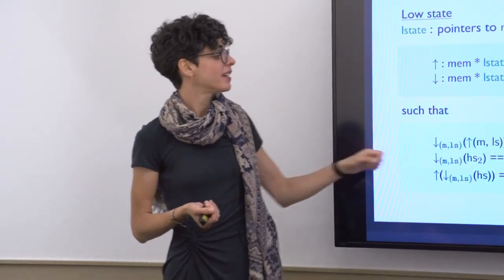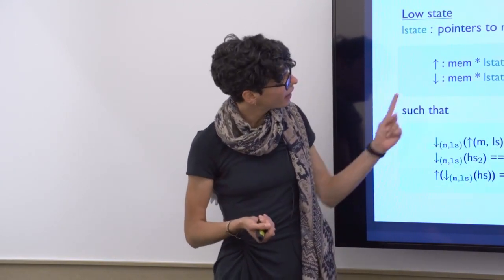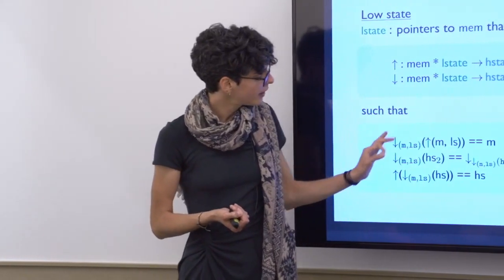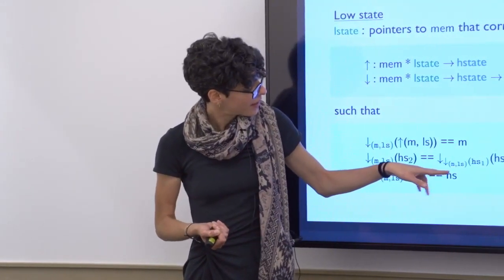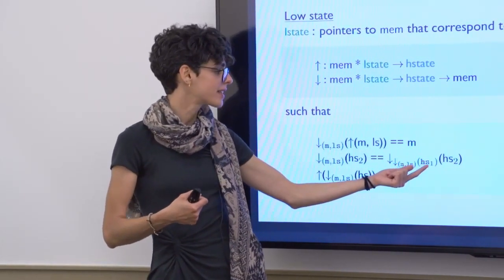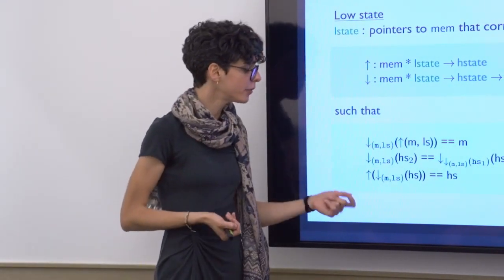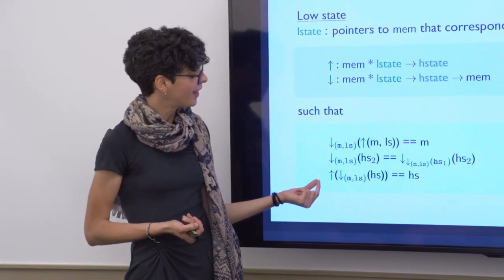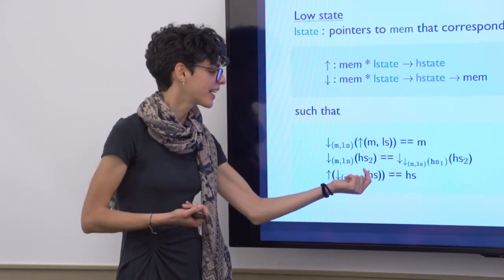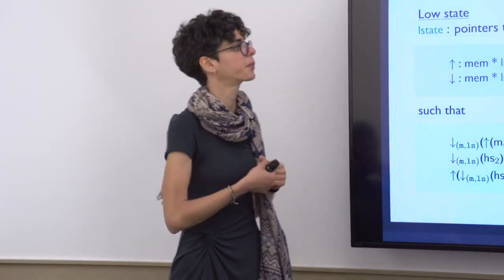If we start by hiring a low-level state and then we lower it again, we get exactly the same memory. If we lower two times successively a high-level state, then only the second lowering matters. And if we hire a low-level state that we have obtained by lowering a high-level state, we get again the exact same high-level state.